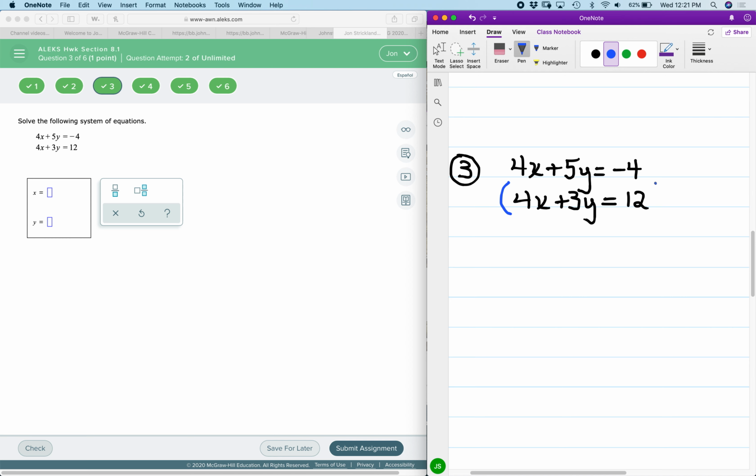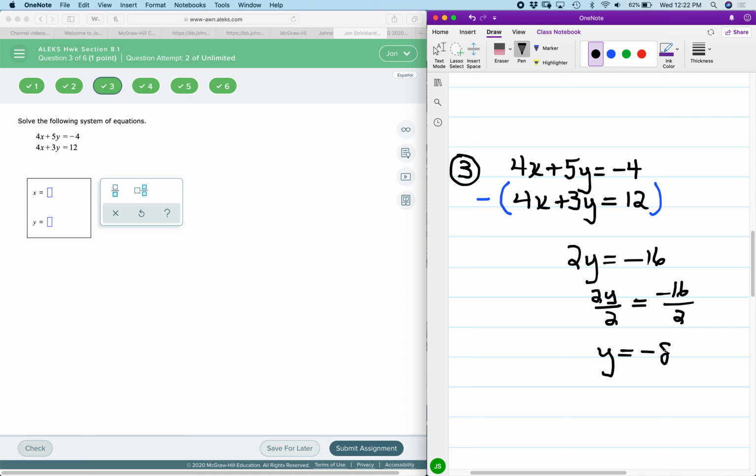If I subtract the second equation from the first, 4x minus 4x goes out, and 5y minus 3y becomes 2y, equal to negative 4 minus 12, which is negative 16. For 2y equal to negative 16, upon division by 2, the value of y is negative 8. So we have half the solution already.